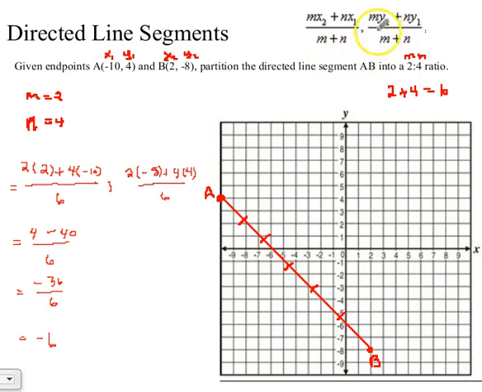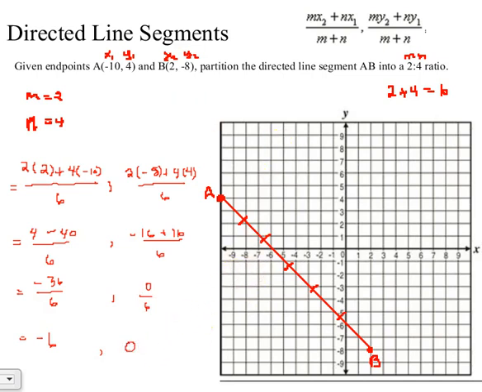Now remember, I'm getting this information and plugging these values into the y section formula. Okay? And we get -16 plus 16 divided by 6. So -16 plus 16 is 0, divided by 6. And there we have it, 0.